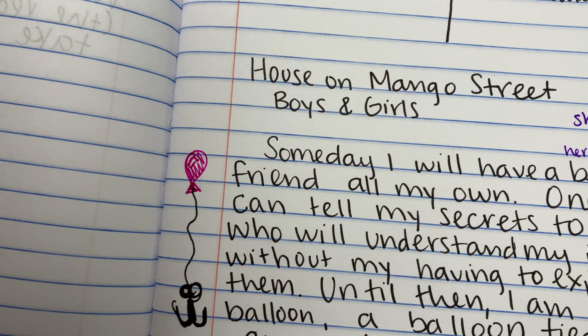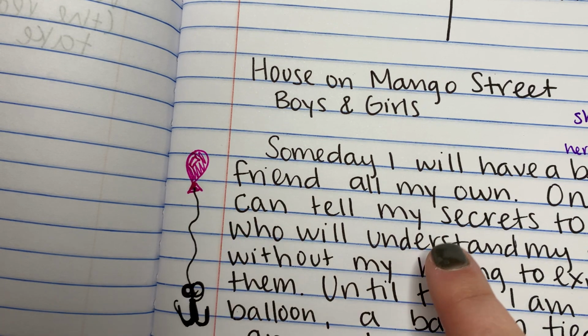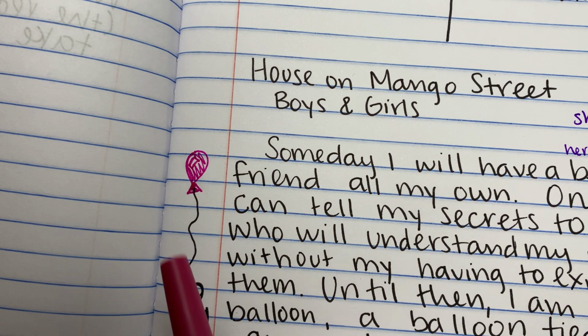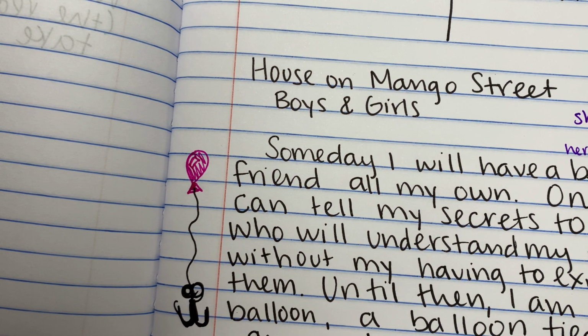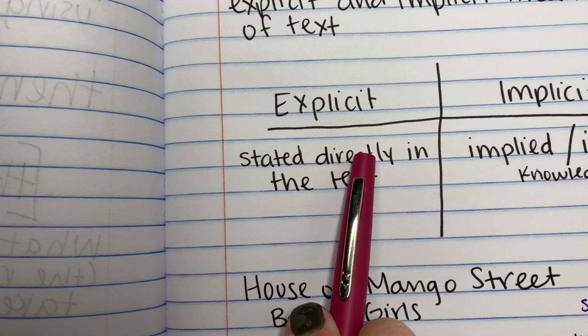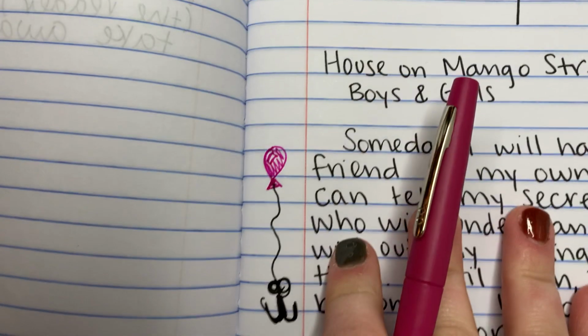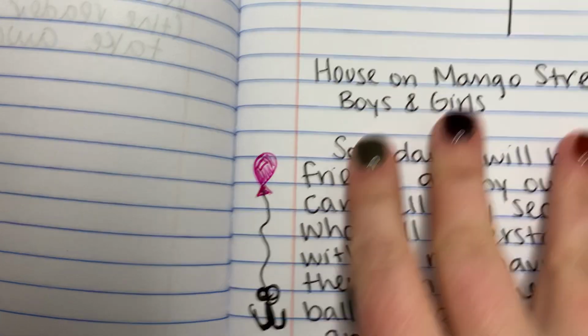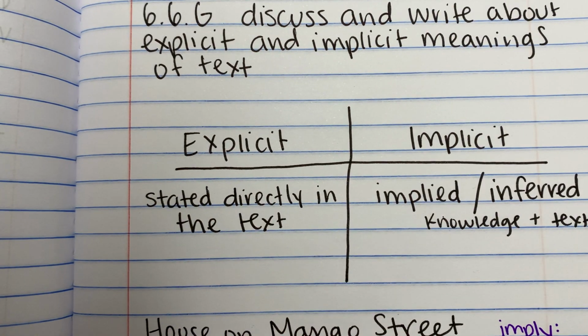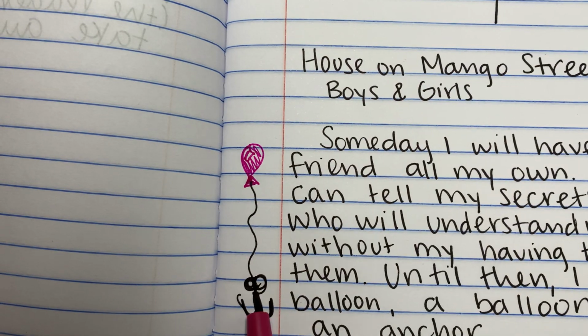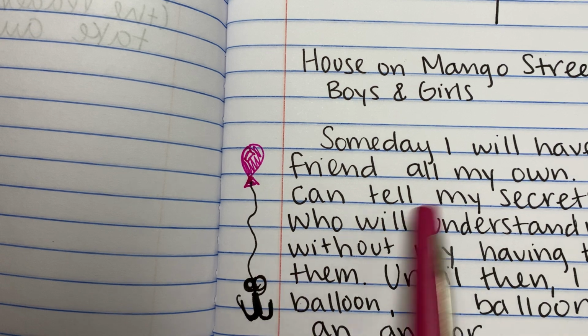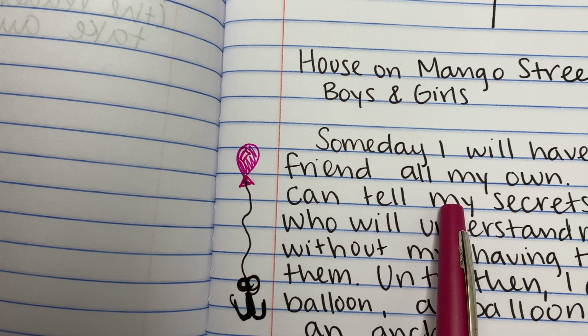Okay. Does she mean she's literally the person telling this story? Is the person telling this story a balloon on an anchor? No, that would be explicit. Okay, so you see how sometimes we have to go more the implicit route, okay? Because if not, it then sounds like an actual balloon is telling us a story about how they want a best friend.